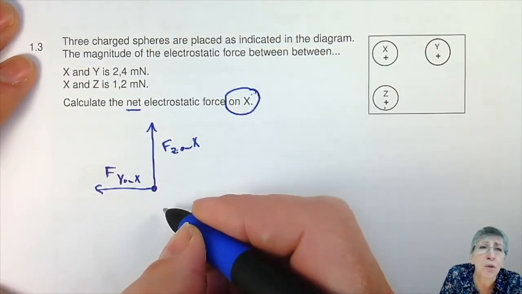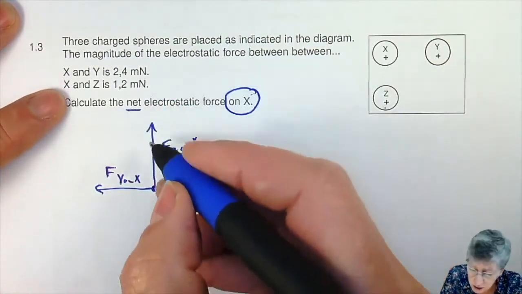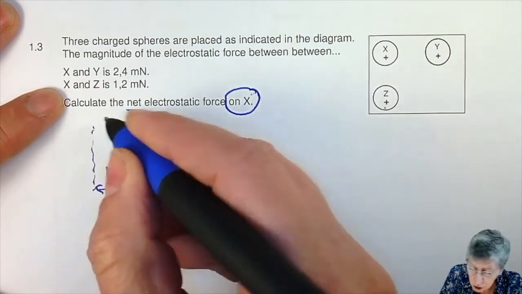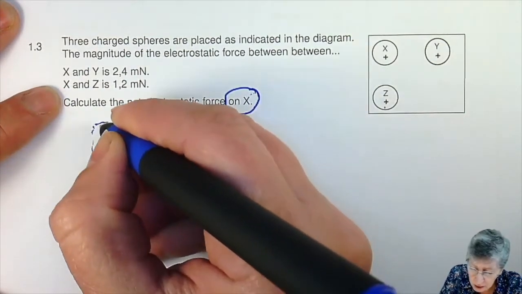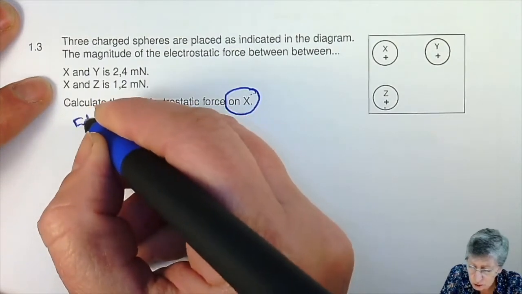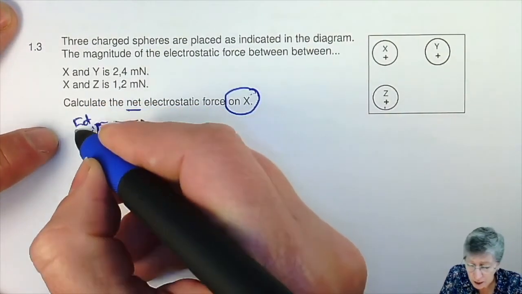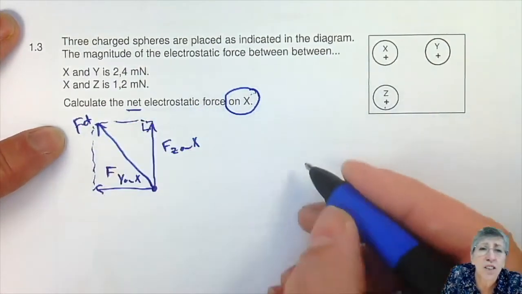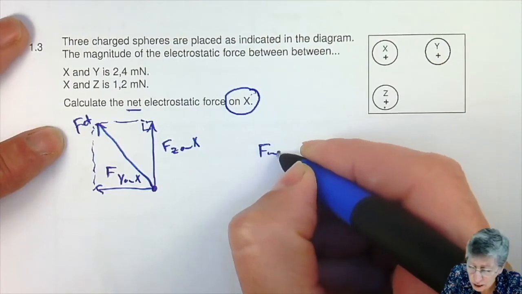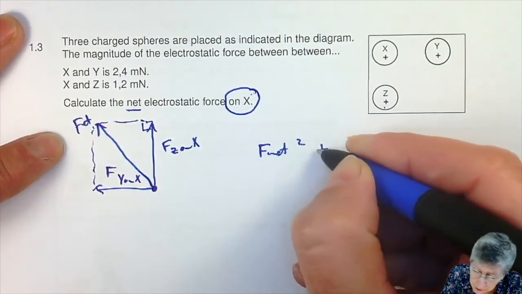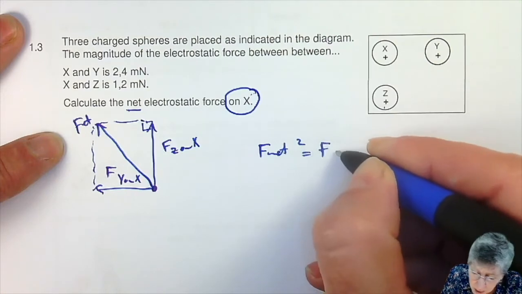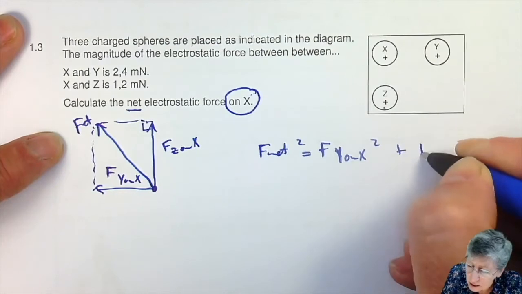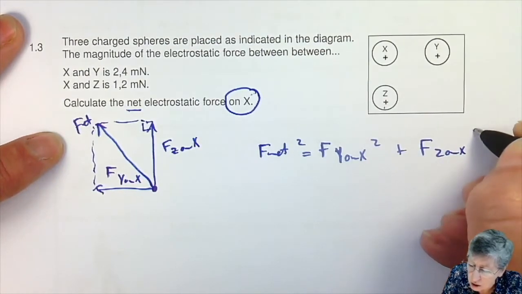Right, and if you've got 2 and you're looking for the net, the answer, now I've drawn them tail to tail. So I will have to complete the parallelogram and get the net force as the diagonal. Right, now for F net, since this is a 90-degree triangle, I'm going to use Pythagoras. So F net squared will be equal to F y on x squared plus F z on x squared.